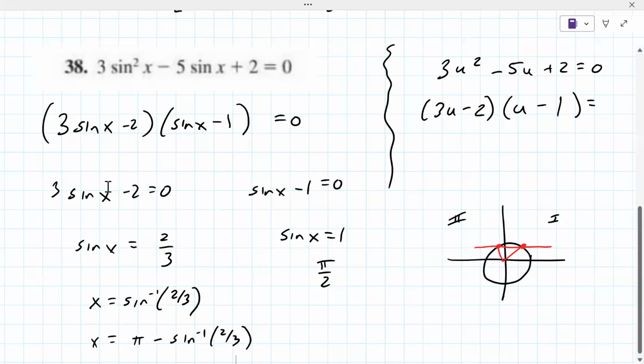Usually they come up with nicer ones than this. I do apologize if that's really unclear. But the idea makes sense: let's just say x is like 67 degrees, and it would be 180 minus 67 degrees for the other one. Okay. Is that okay? Yeah.